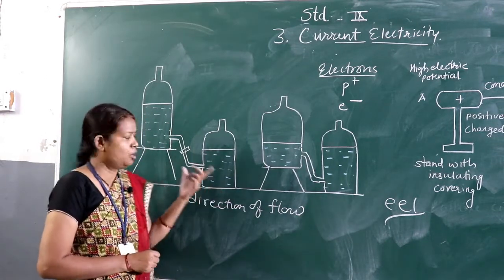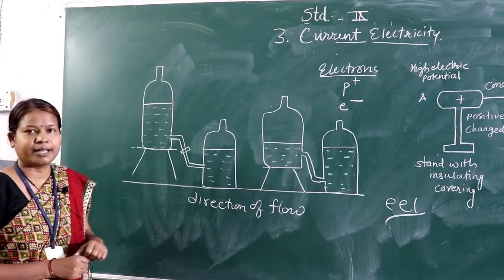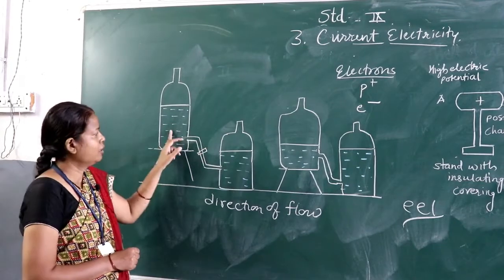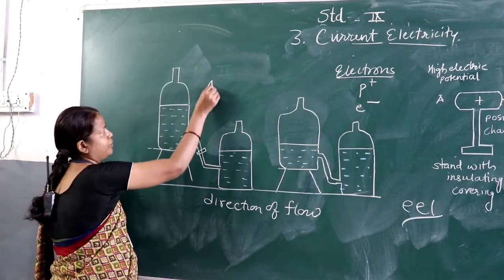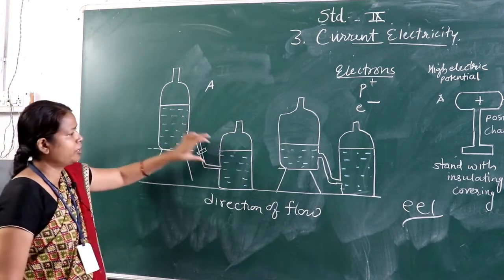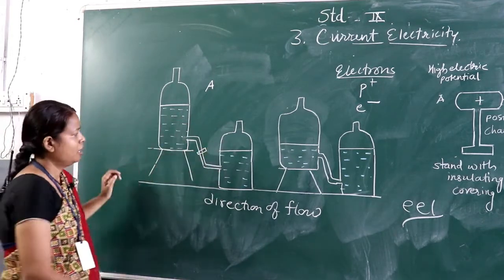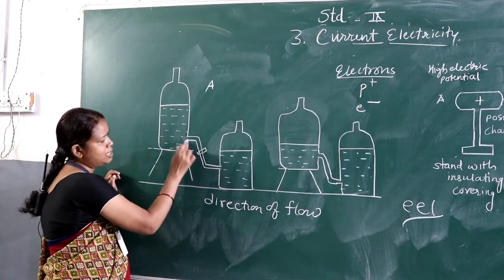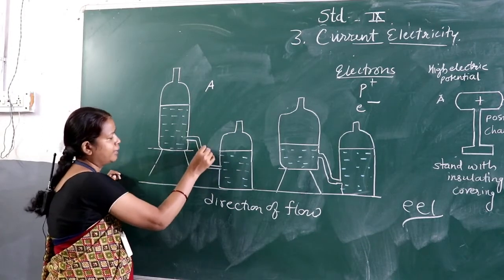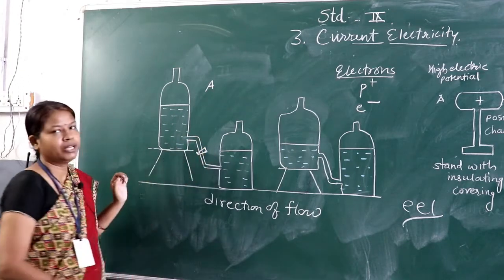Okay students, look at this diagram. In this diagram we have taken two plastic bottles. In the first, in figure A, we take two plastic bottles and fill water in them. Both bottles are attached with a small pipe, and I put a clamp over here.